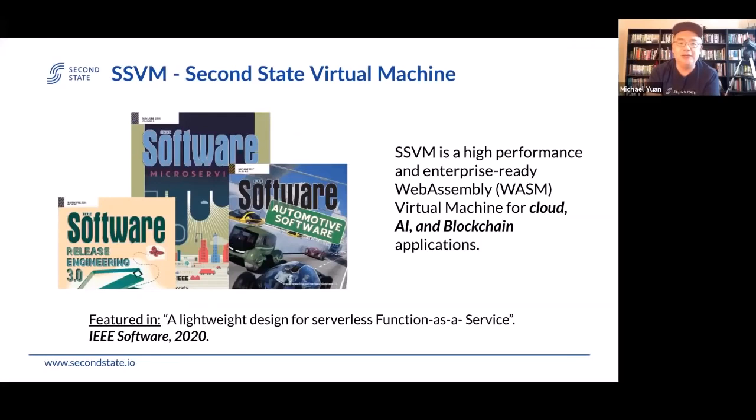It's called a lightweight design for serverless function as a service. It compares the Second State VM against leading serverless containers, including Docker, Amazon Firecracker, and Google's gVisor plus Docker. So this is a research paper that's already peer reviewed and accepted.